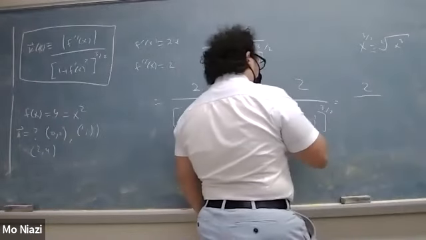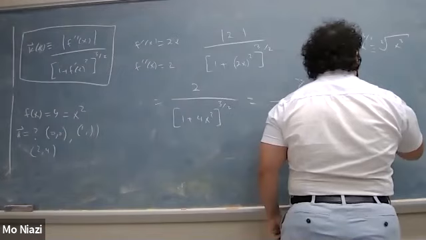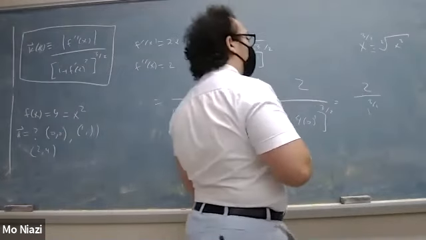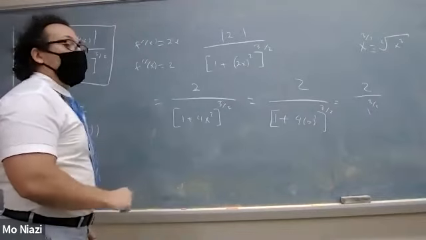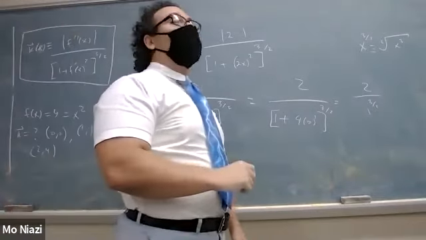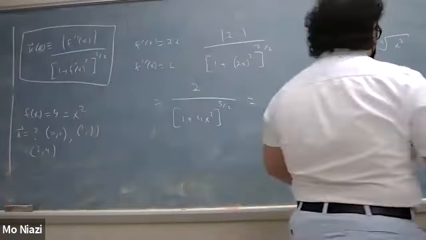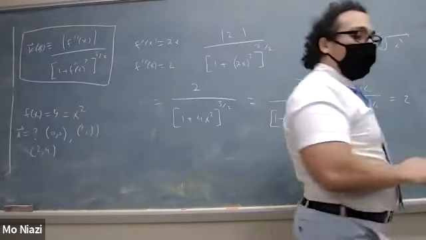So then this becomes just 1 to the 3/2 power, right? What is that? What's the square root of 1 cubed? It's just 1. This becomes 2.